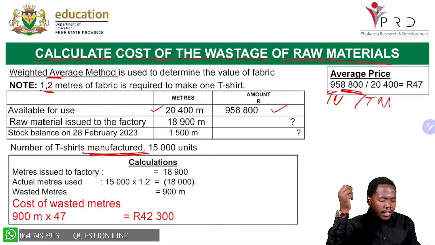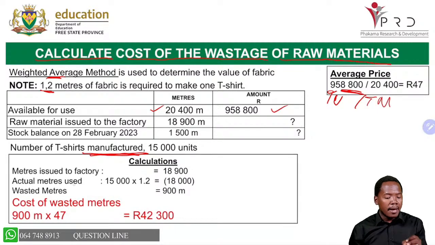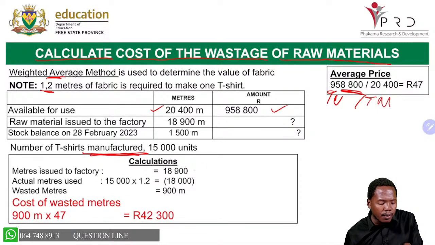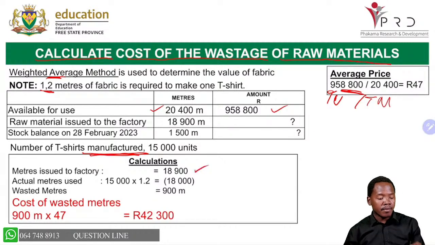Next part, now that we know we have 47 rands, we can break this down into smaller pieces. Remember, meters that we issued to the factory was 18,900. Now, how many meters did we actually use for us to produce 15,000? Remember, we produced 15,000 units, and then we needed 1.2 meters.